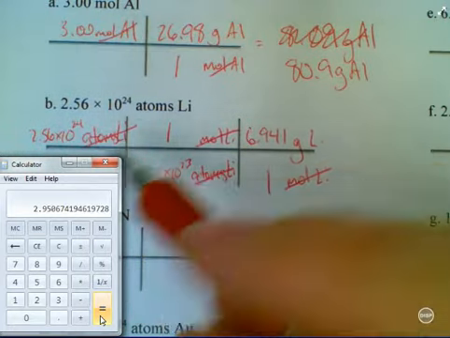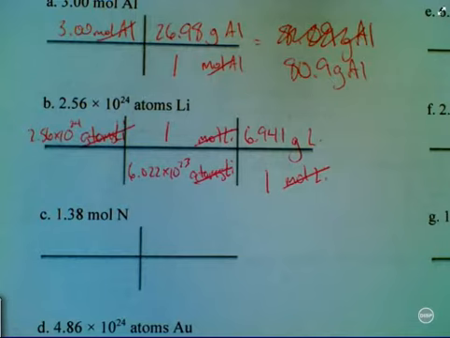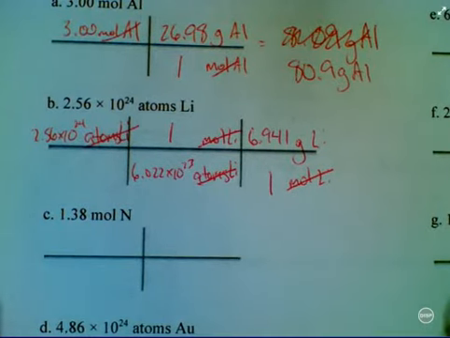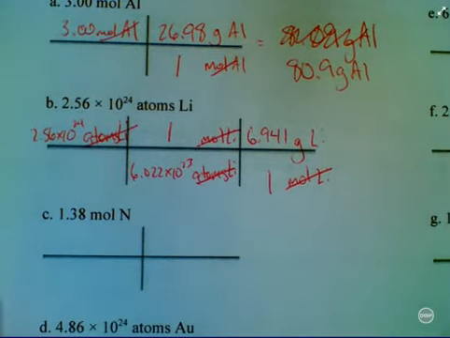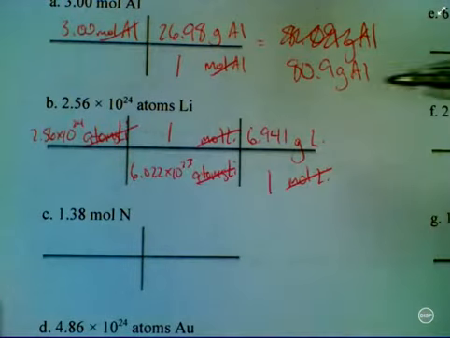Now, in terms of these exponents, I have a times 10 to the 24th over a times 10 to the 23rd, and so I'm going to be left with times 10 to the 1st. Okay, when you divide 2 exponents, you subtract those exponents. 24 minus 23 is 1.